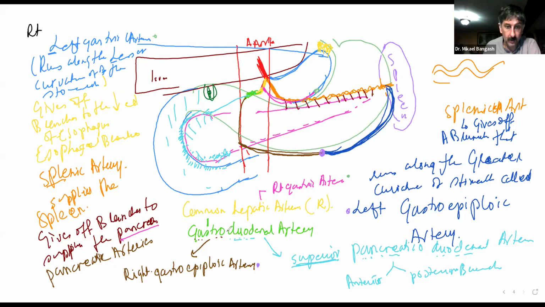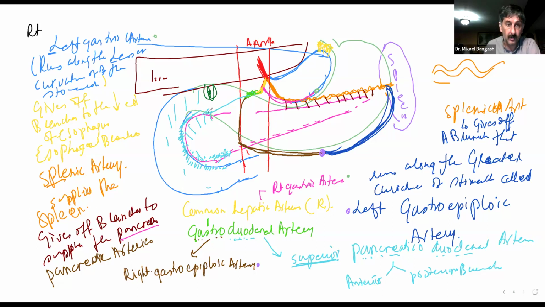But why do we call it a gastroduodenal? Because there's also going to be some part of the duodenum. So what this gastroduodenal artery is going to do is give off a branch called the superior pancreaticoduodenal artery.